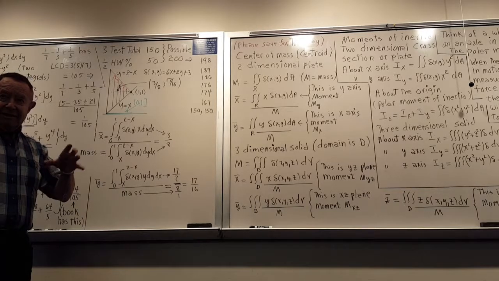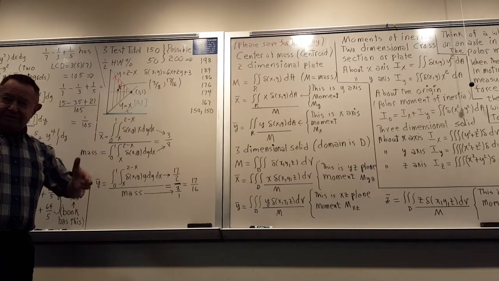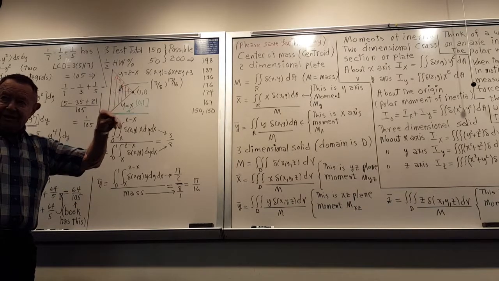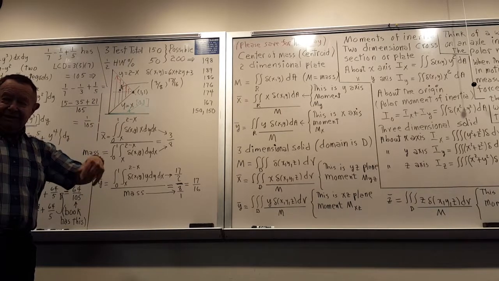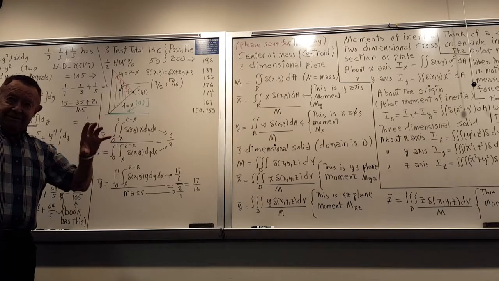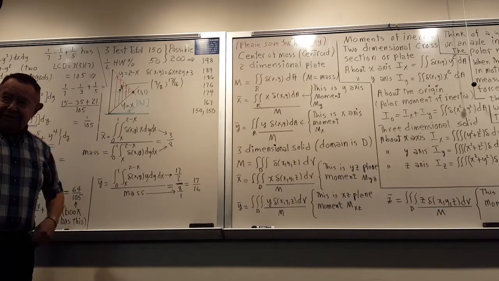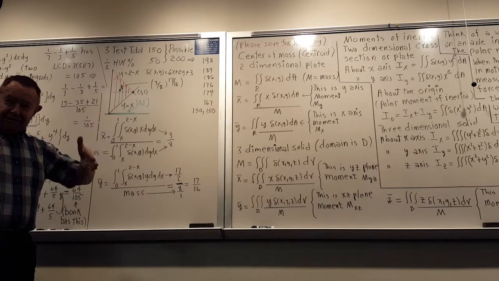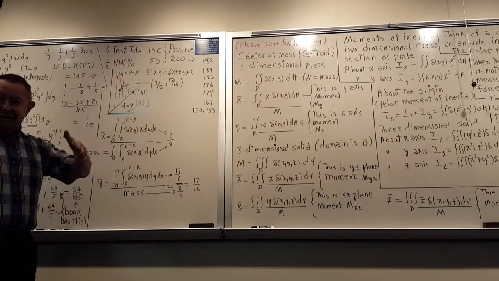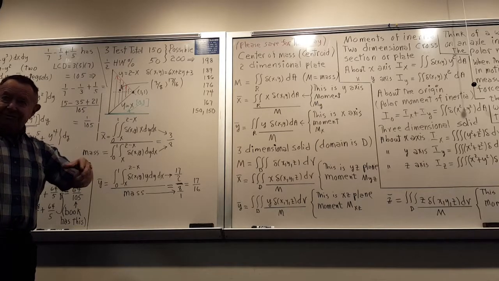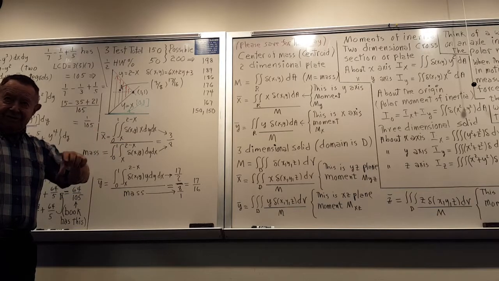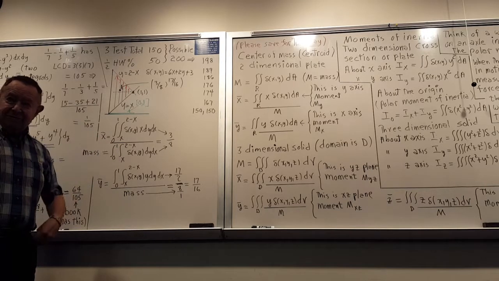So we had to think of vertical strips and take the average height. Top curve was f and lower curve was g, and we had to take for our lever arm distance relative to the x-axis the average, which would be f plus g over 2, and then times the height of the strip, and you got the formula with a half and the difference of squares, top curve minus bottom curve.